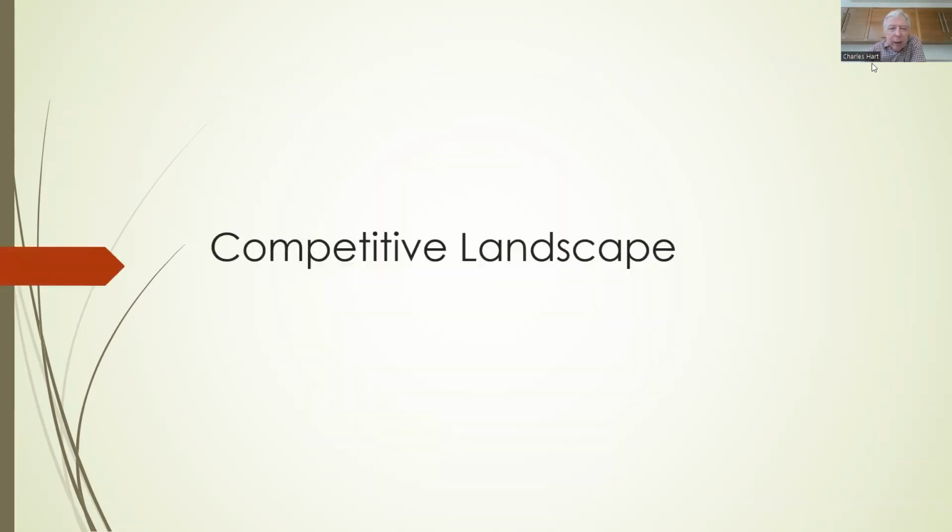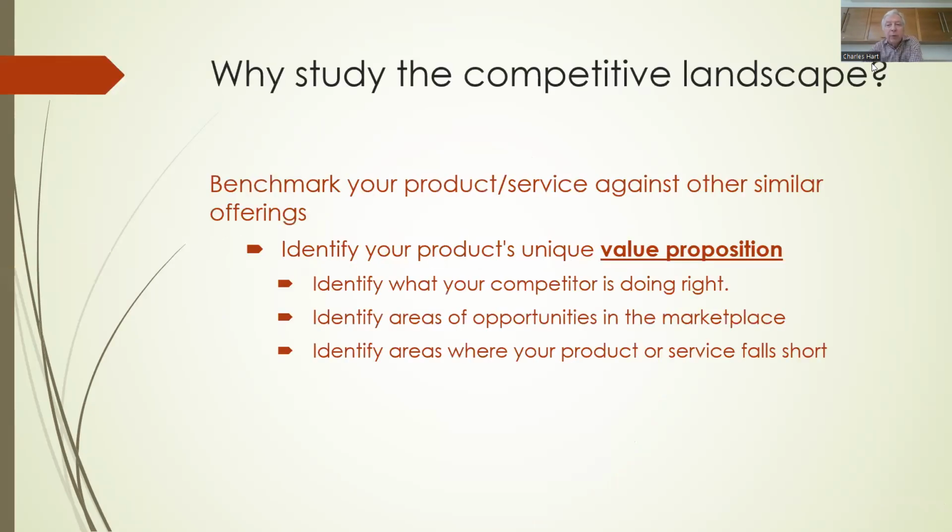Okay, competitive landscape. Who else is already selling what you want to sell, or who else is trying to develop something that would be doing the same thing you want to sell? And so you want to come up with what's referred to as the value proposition, which is a very popularly used word, and what it means is very, very important.